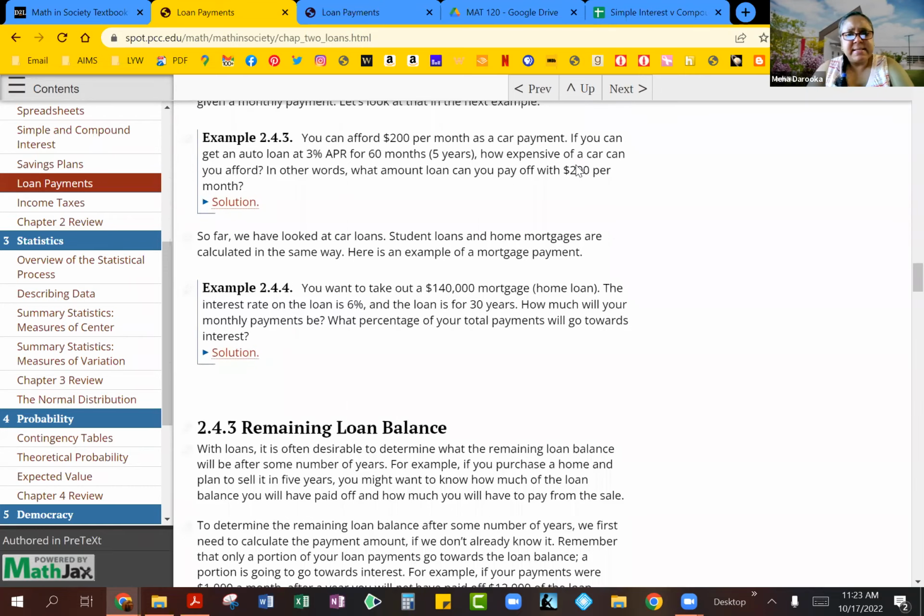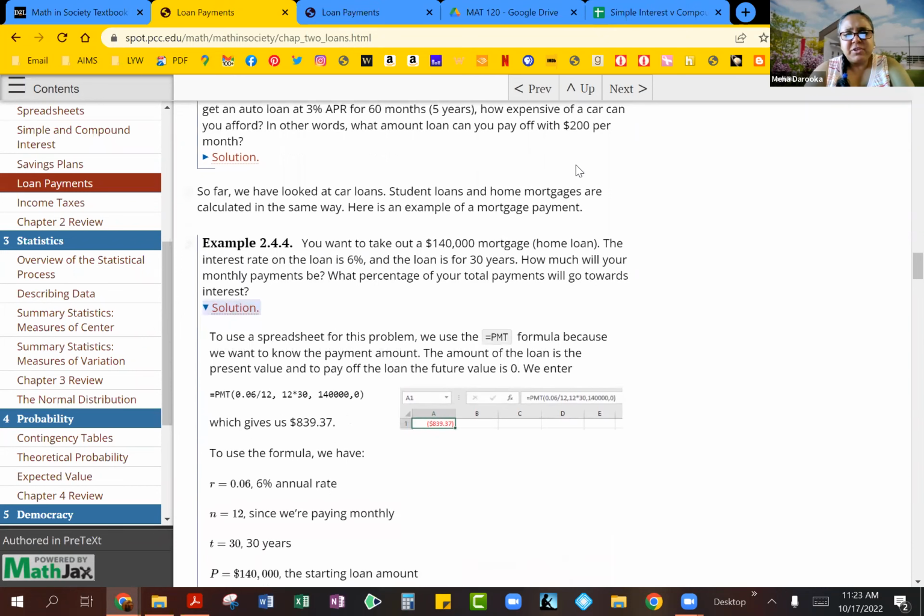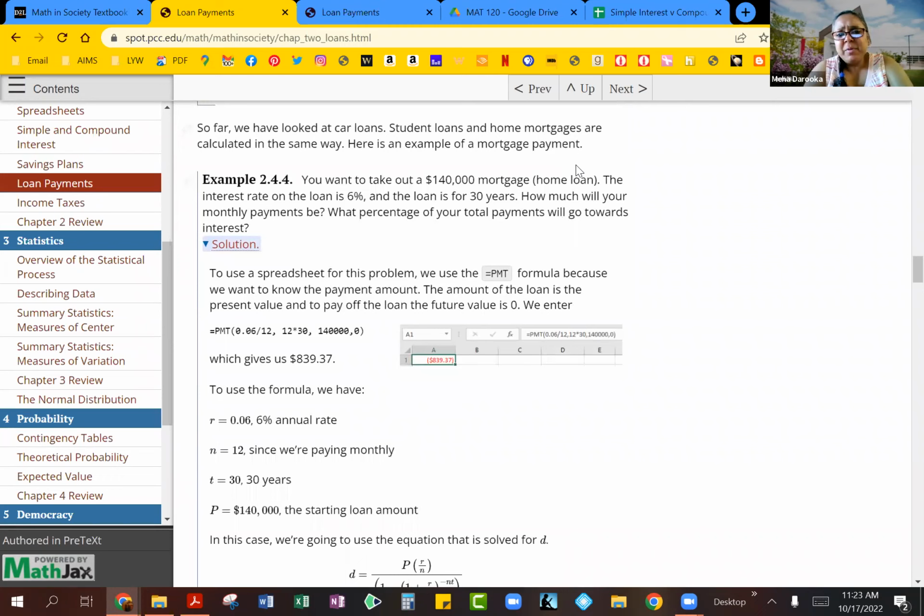And then the second example we had looked at was the home mortgage. How much would you end up paying? And this was an interesting example because you're starting out with a $140,000 mortgage loan. You're paying 6% interest, and of course the loan is for 30 years.